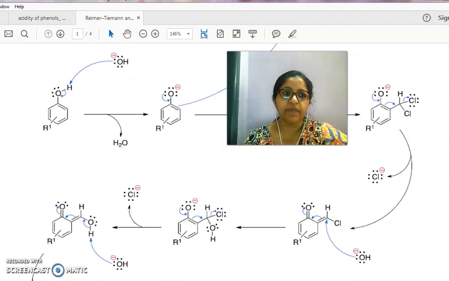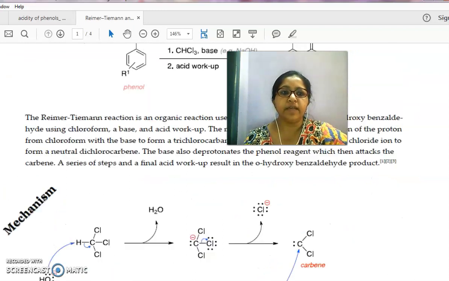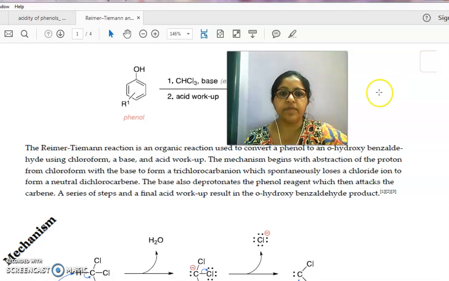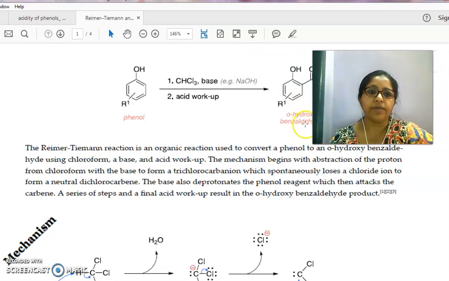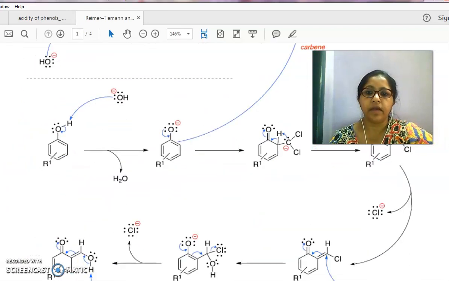Reimer-Tiemann reaction. Remember, the product will never be a para product. It will be mostly an ortho product, the ortho hydroxy benzaldehyde. If you are showing a para product, you have to proceed here and show the resonance forming the negative charge in the para position.